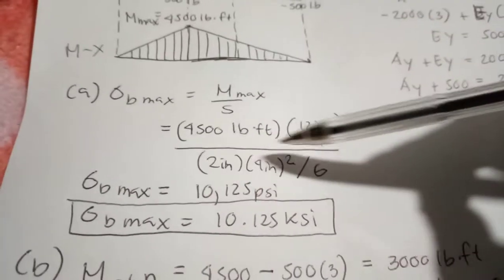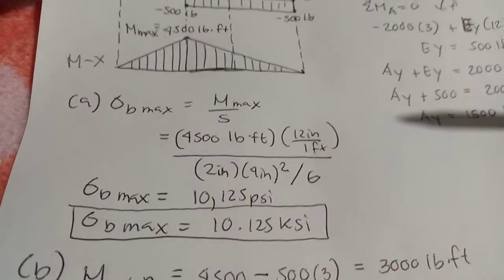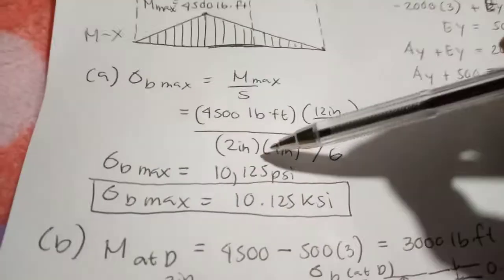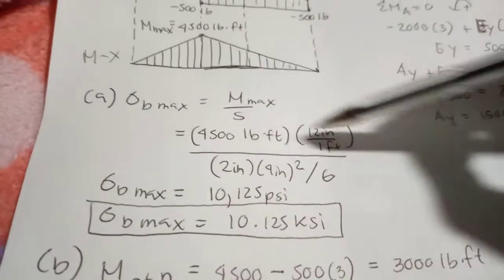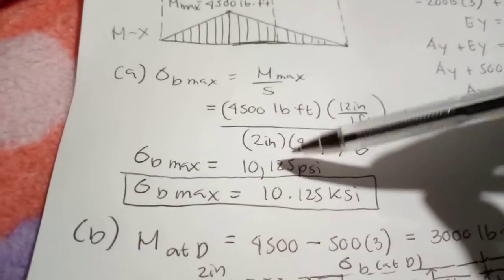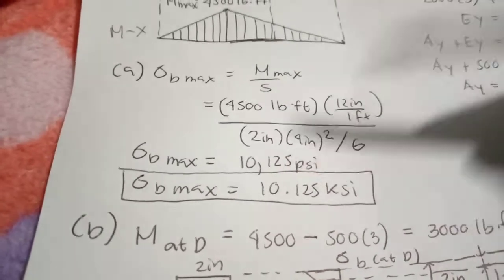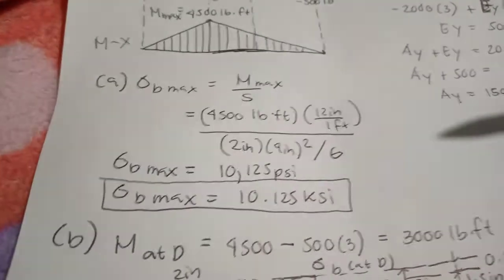Your B is 2 inch and your H is 4 inch respectively. So we have 2 inch times 4 inch squared over 6. If we simplify this, we get the maximum bending stress as 10,125 psi, or 10.125 ksi.